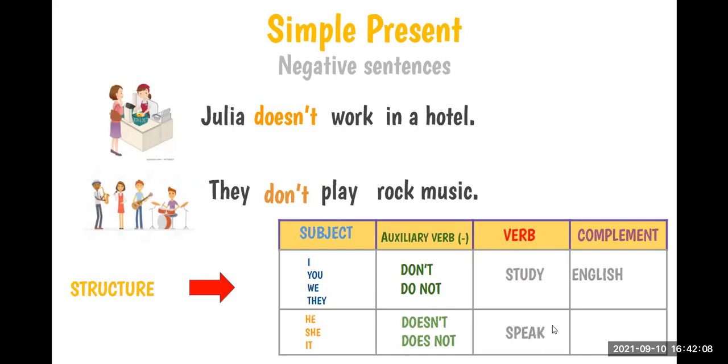We don't add the S to the verb. What changes is the auxiliary for the third person. He doesn't speak German, she doesn't speak German, it doesn't speak German. So these are the negative sentences. Remember, for negative sentences, you need the auxiliary verb don't or doesn't. Any questions about the negative form?